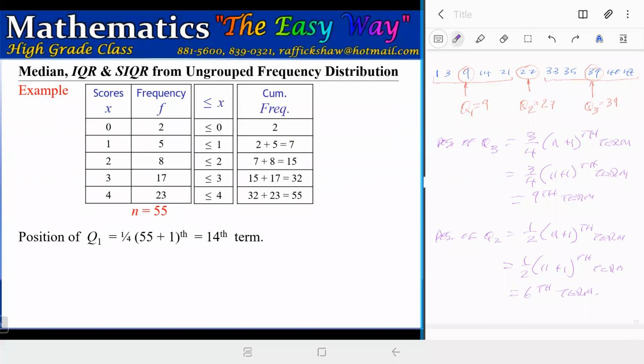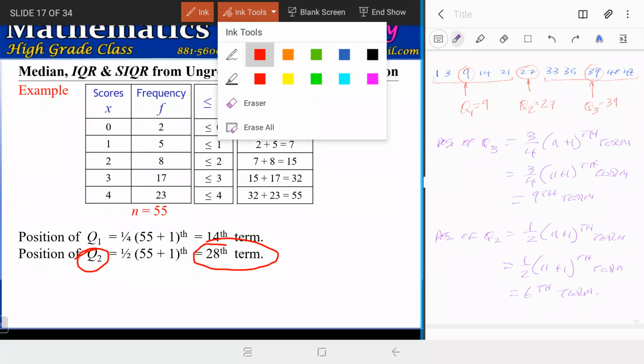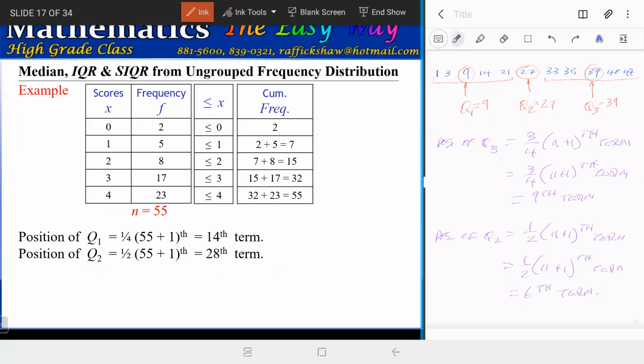All right, let's continue. The position of Q2 is half of the n plus 1 term. Half of n plus 1 is the 28th term. So the 28th term is your Q2. So you need to find the 28th term. Which line would the 28th term be in? Sir, the fourth line, sir.